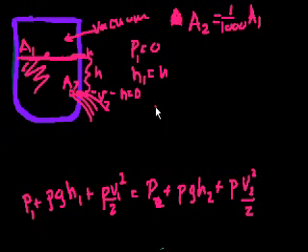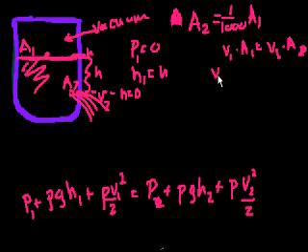And what is the input velocity? Well, we know from the continuity equation that the input velocity times the input area is equal to the output velocity times the output area. And we also know that the output area is equal to 1/1000th of the input area, right? So this is area 2.